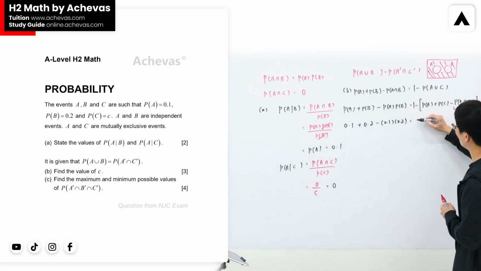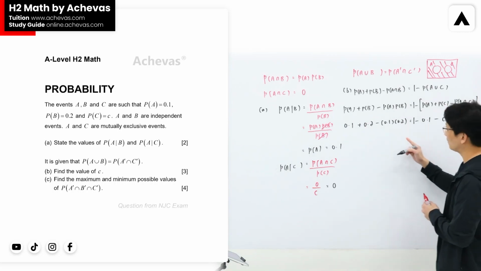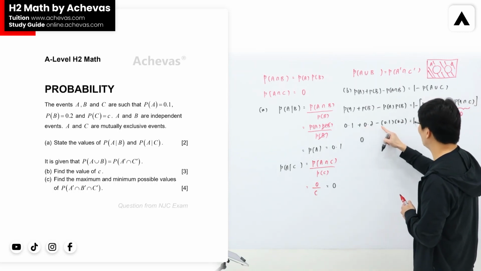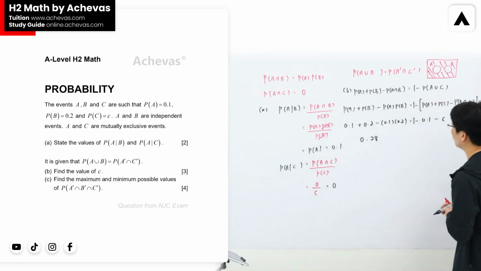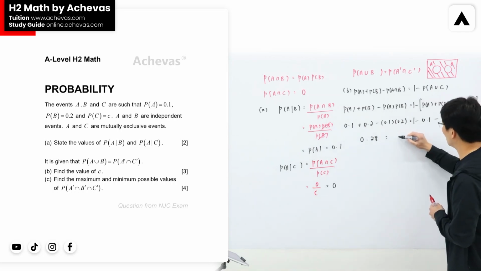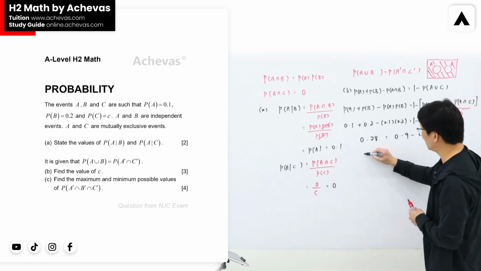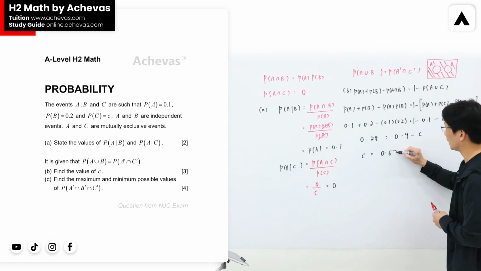And on the other side, if we were to break it up, it will just be 1 minus 0.1 minus my unknown C. And I'm going to simplify a bit, so this will end up to be 0.3 minus 0.02, which will give me 0.28, and this will be equal to 0.9 minus C. And making C the subject, I'll get a value of 0.62.